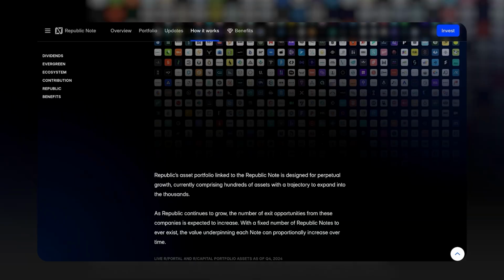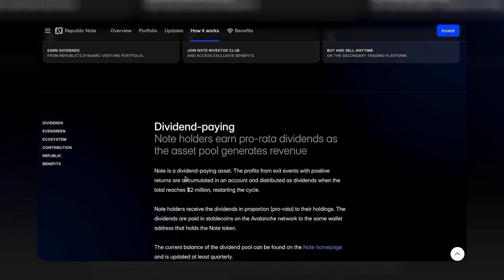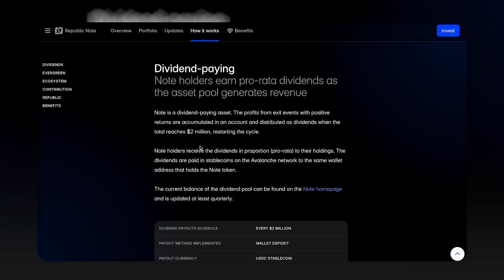So first of all, in terms of how it works, these are dividend paying digital securities. And what ends up happening is this note is going to, over time, accumulate dividends, right? And once it reaches 2 million, then a distribution is going to start.